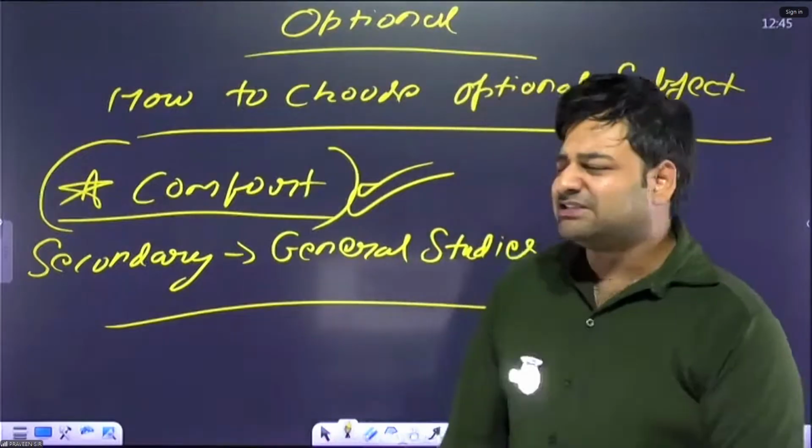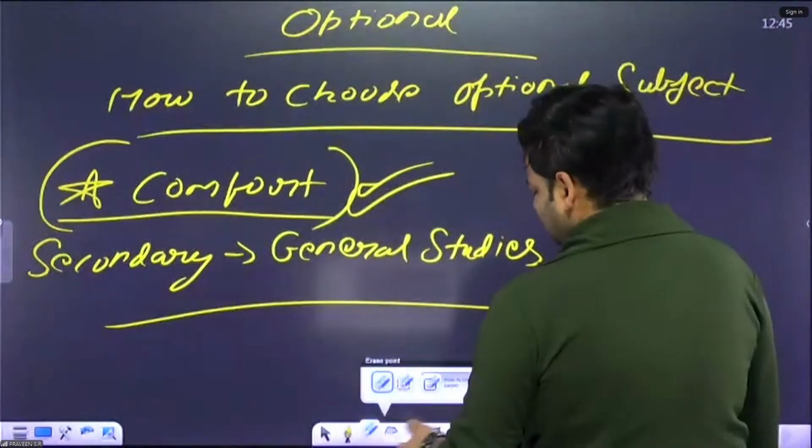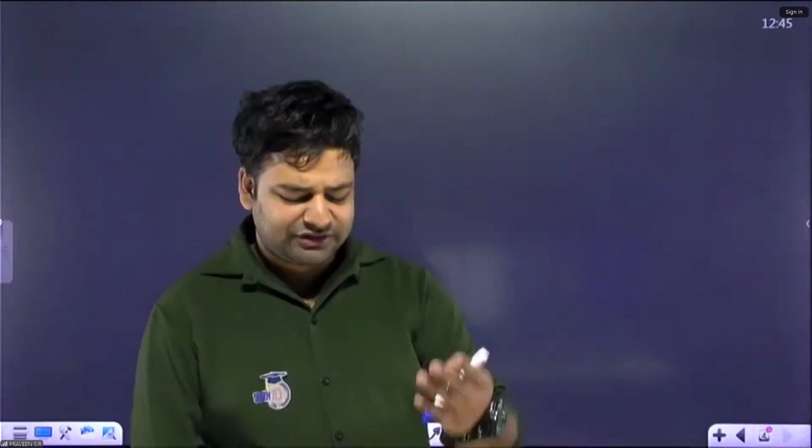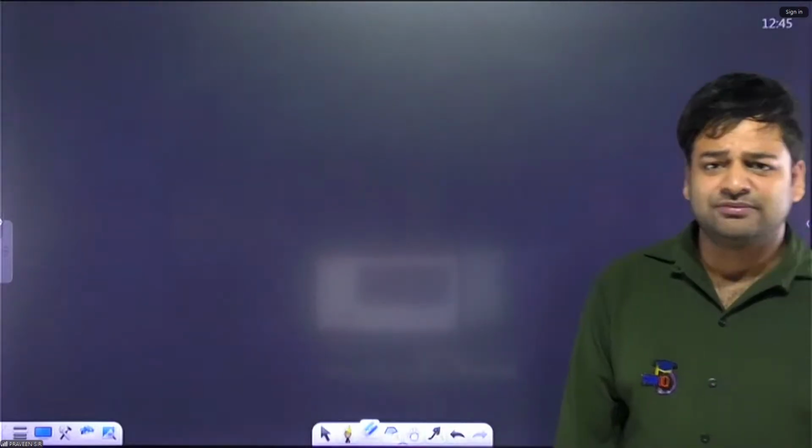Okay. Now let's say you are not yet sure which subject you should take. Okay, you're not sure between medical science or law or maths or PSIR or public administration, psychology, etc. No worries. What you need to do is just identify a couple of subjects. Like add to cart, 2, 3 subjects.